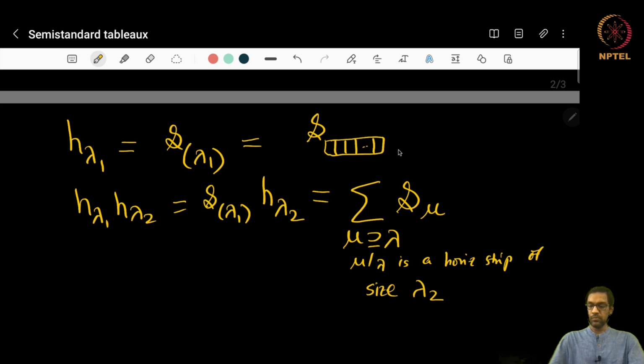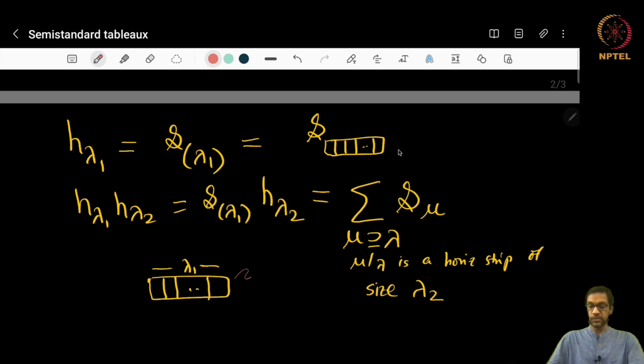Right? Now, what does that imply? It means that the mu's that I will get in the second step, I will typically get many of them, okay, but they are all obtained in a certain fashion. Okay, what fashion? I write out these lambda 1 boxes. So that's the starting point. To this diagram, I attach lambda 2 boxes. Okay, how am I allowed to attach it?